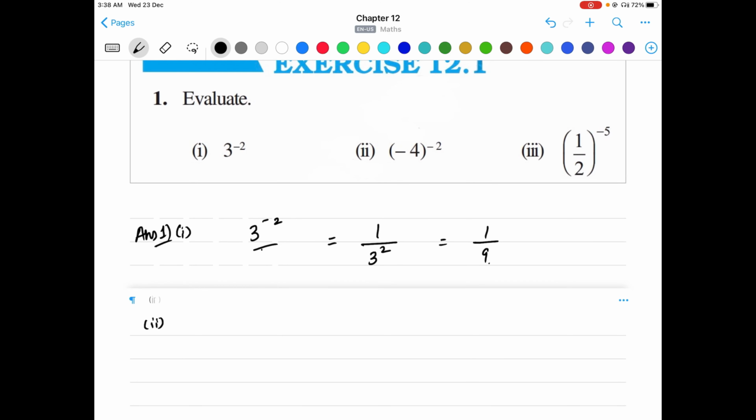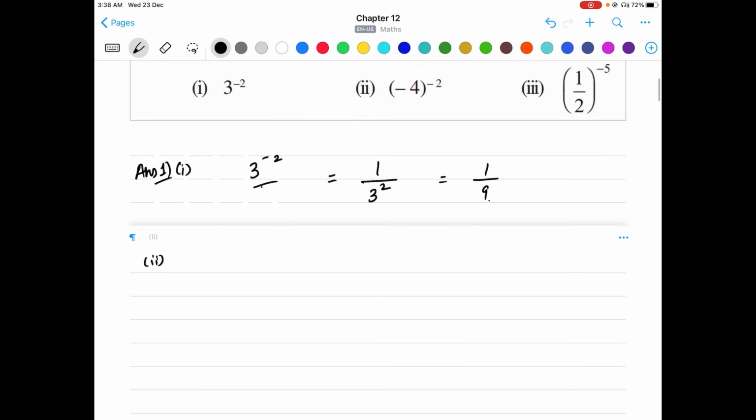Second is, now we have minus 4 having power again minus 2. Again, like I said, if we shift this number to the denominator, its power changes to a positive number.